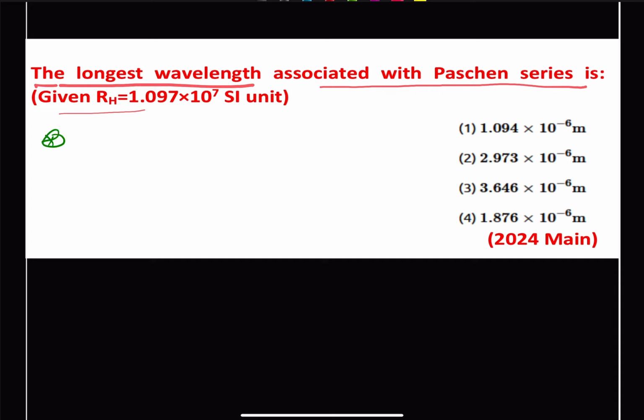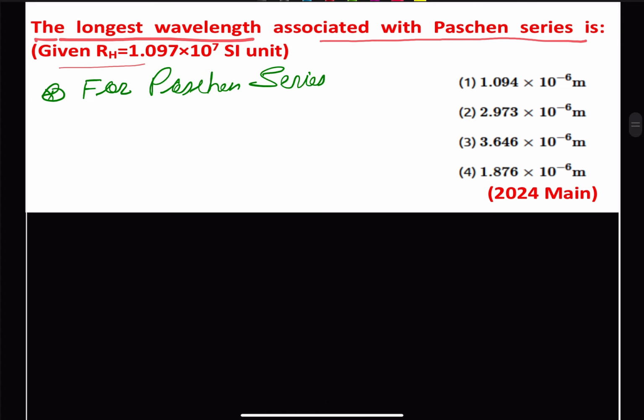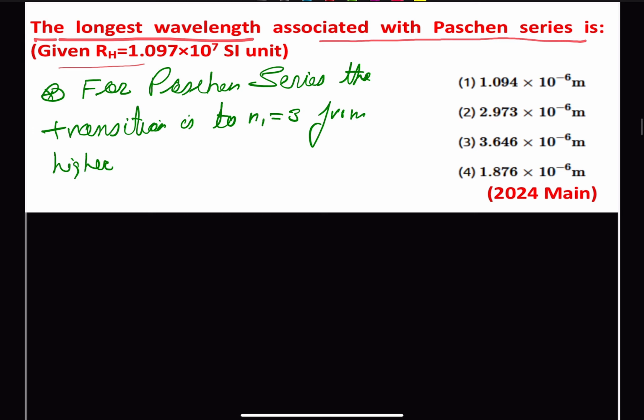So we can say that for the Paschen series, the transition is to n1 equal to 3 from a higher level, which is our n2, and this n2 should be greater than 3, for any value greater than 3, that is 4, 5, 6 and so on.